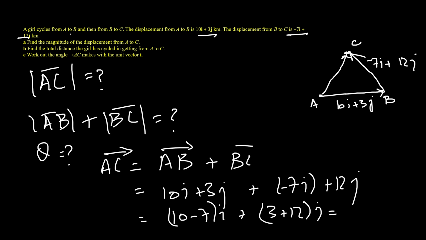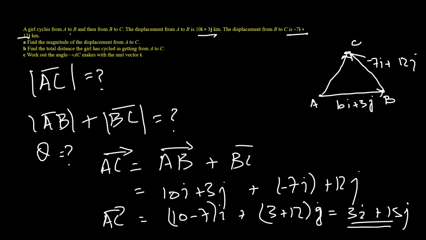So it will be equal to 3i plus 15j. So this is the resultant vector AC.